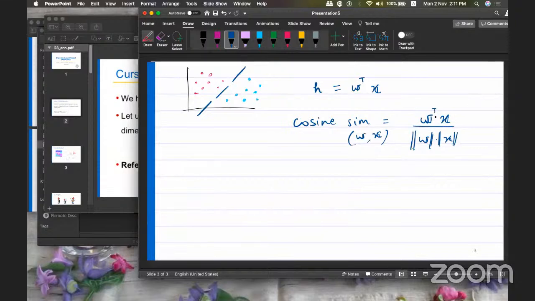Which means if w and x are almost similar, or at least pointing in the same direction, then the output will be a large number, close to 1. If they are pointing in exactly opposite directions, just different in sign, then the output will be -1, large in magnitude. But let us say my w vector is pointing in this direction and the x vector is pointing in a perpendicular direction, then the dot product will be 0, right?